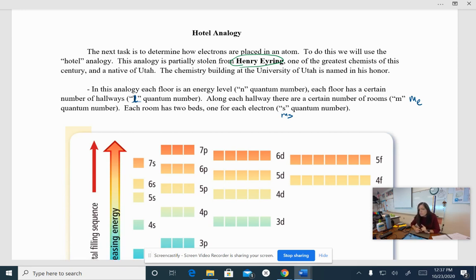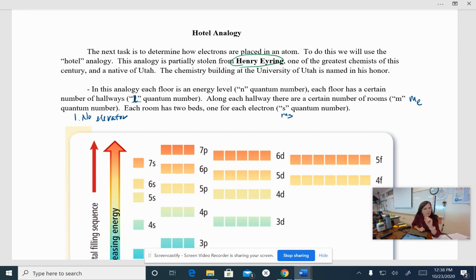Now, the thing that you have to remember about this hotel is it's kind of a weird hotel. Number one, there is no elevator. So when you go to that hotel, you are going to want to spend the least amount of energy that you can in order to go to your room.